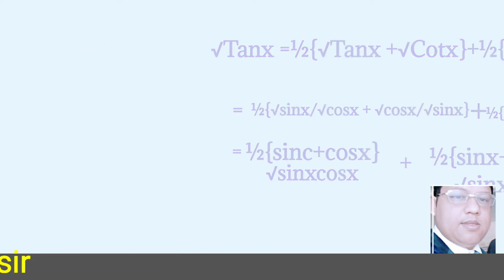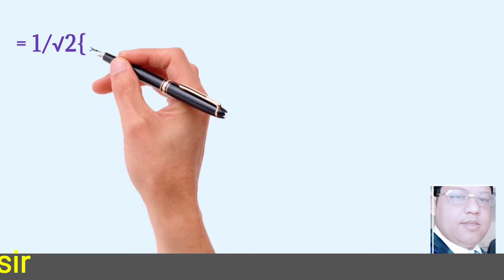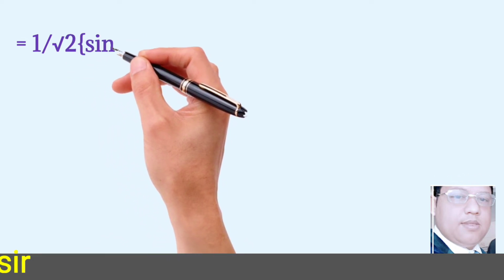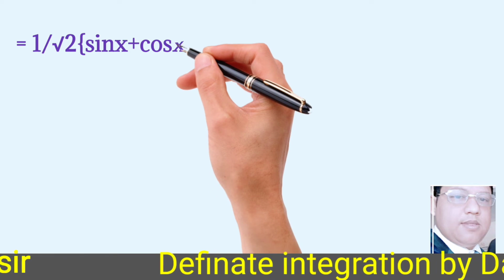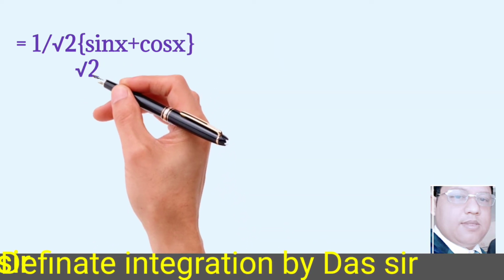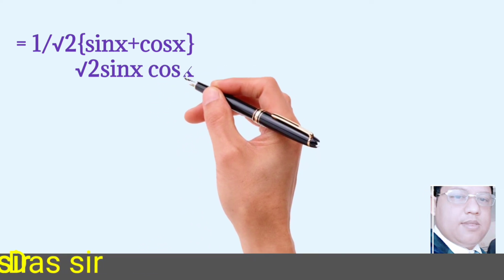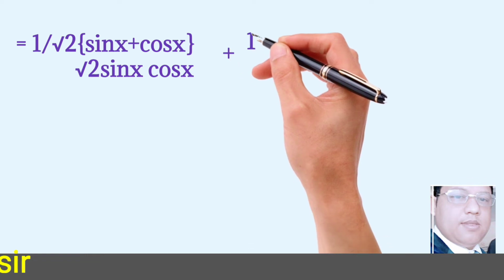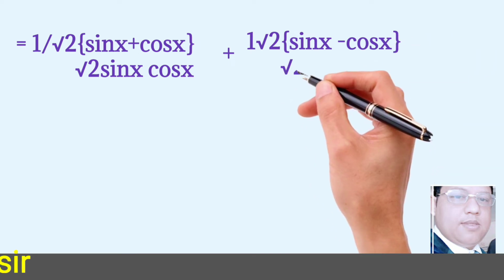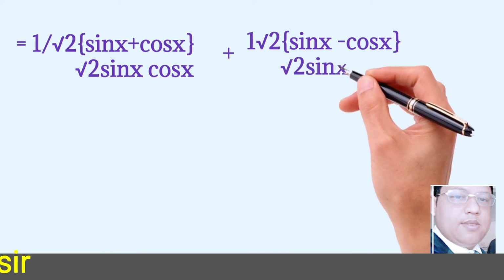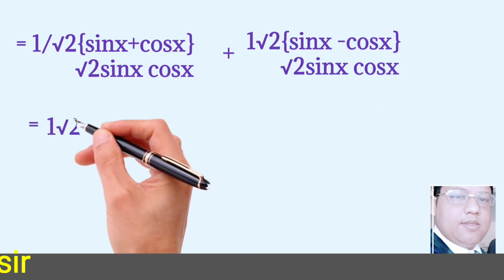So look, my dear students, since the numerator is sin x plus cos x, the denominator can be written as square root of 2, because the 2 outside the bracket can be written as square root of 2 times square root of 2. The same for the next part, sin x minus cos x, where the 2 outside the bracket can also be written as square root of 2 times square root of 2.